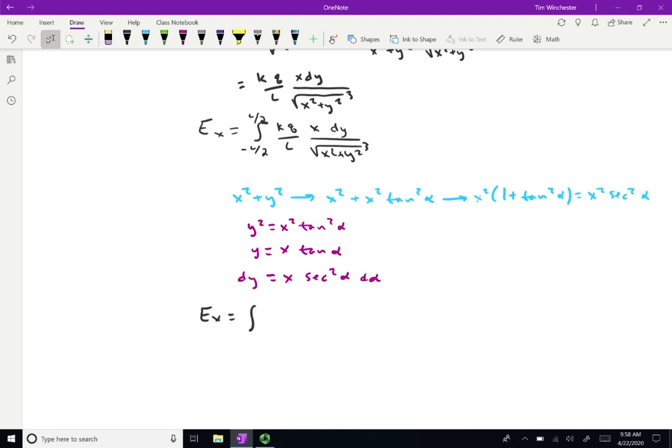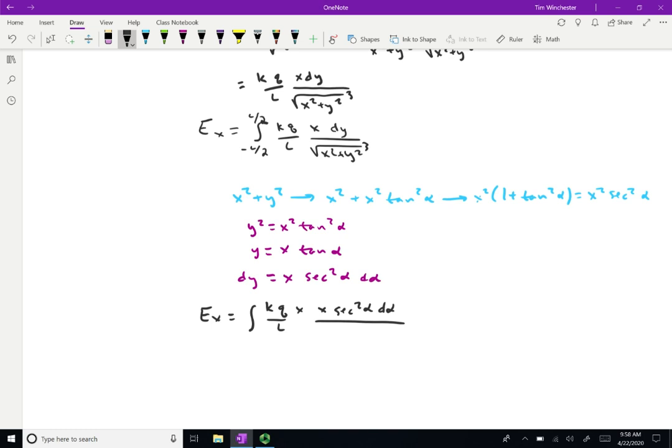And let me hold off on updating the limits. I'll translate everything back into x's and y's after I do the integral, and so then I won't have to actually update the limits. Okay, so kq over L, x stays the same. Then for dy, I have x times secant squared alpha d alpha.